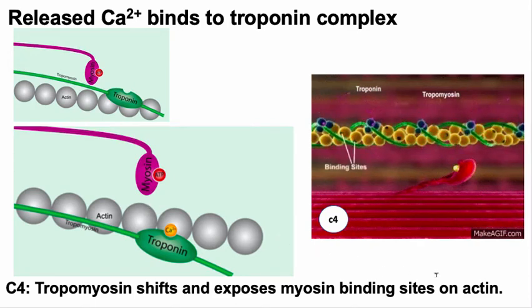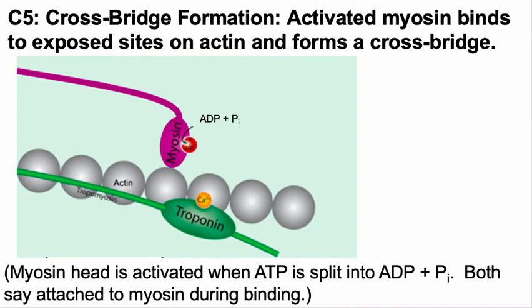And that's what this little GIF is showing us over here. The next thing that happens is formation of a temporary bond between actin and myosin. So the calcium has to be present in order for these binding sites to be able to come into contact.